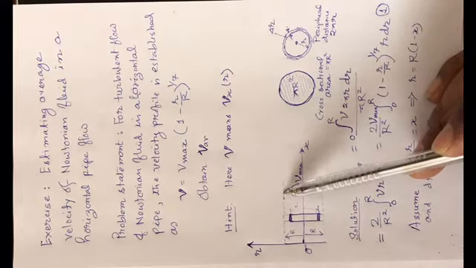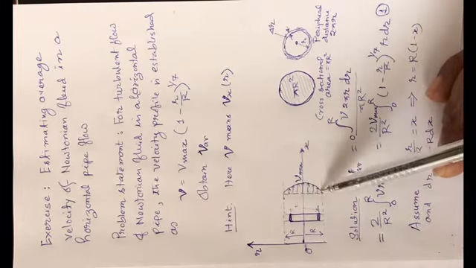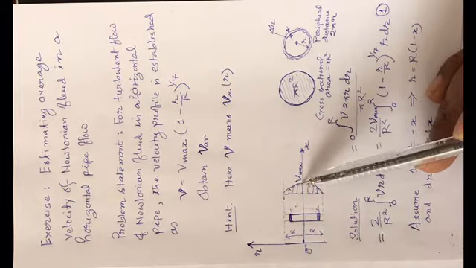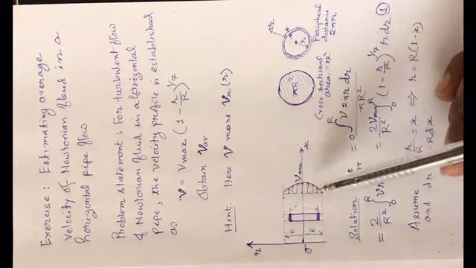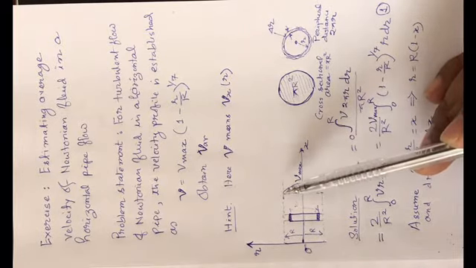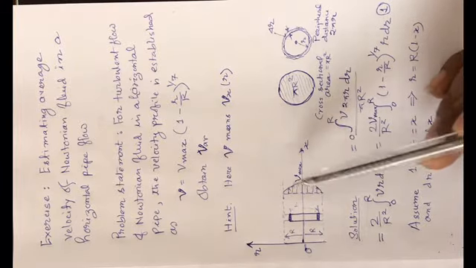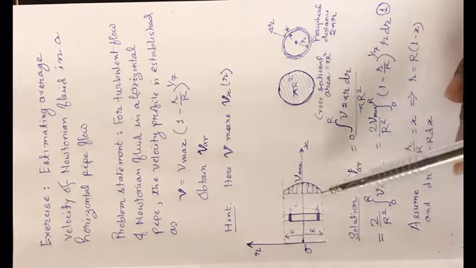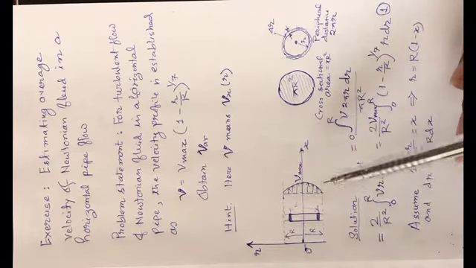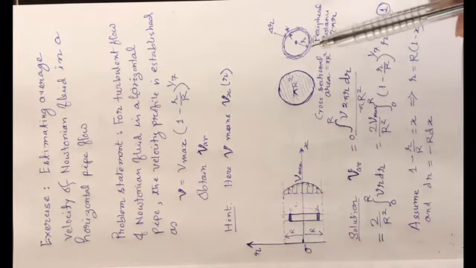So velocity is 0 here and 0 here, whereas velocity is maximum here. As compared to the laminar flow regime, this profile will be quite flatter, whereas in case of laminar flow we will be getting a curve like this.